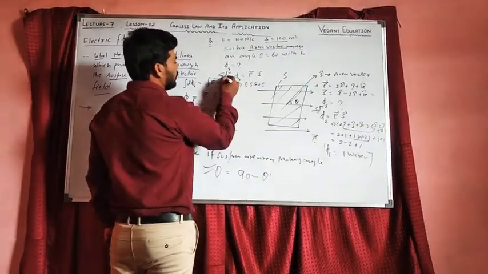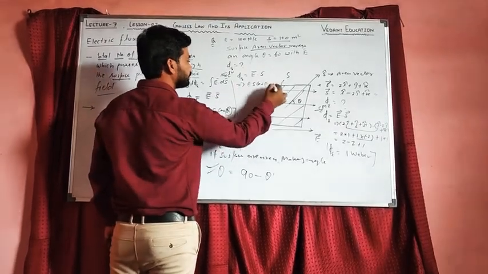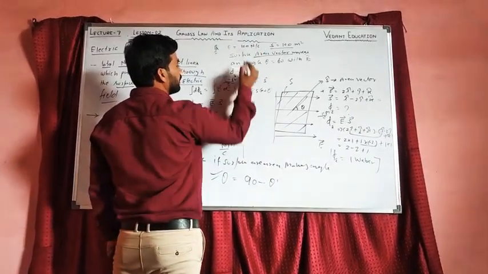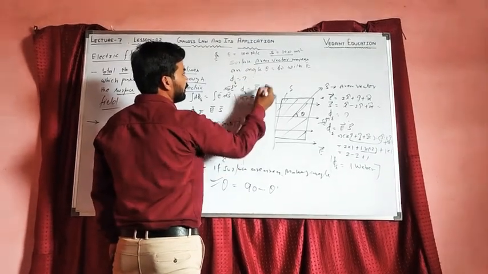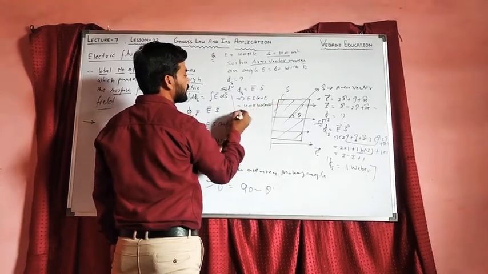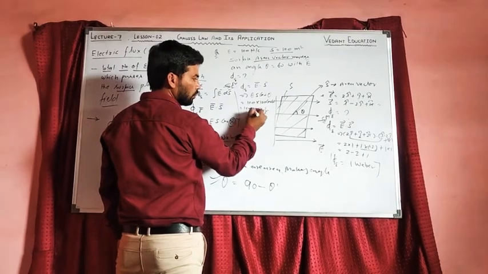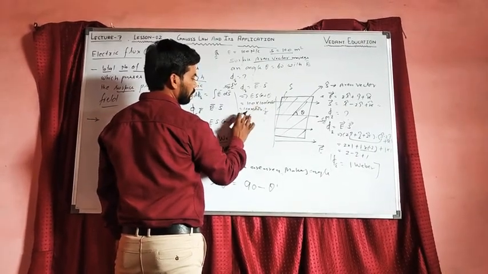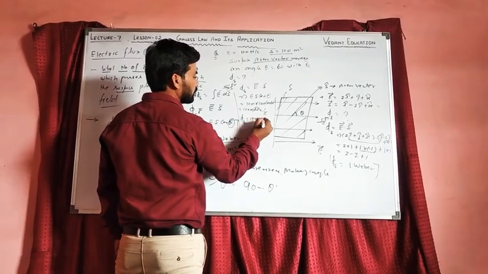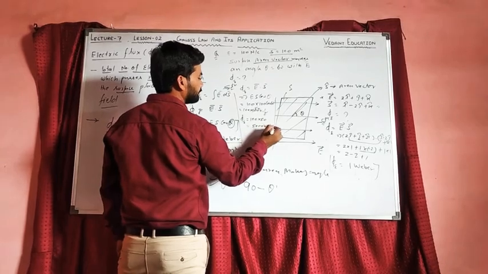So what is the value of E? 100. What is the value of S? Also 100. Cos 60, you know the value of cos 60? 1 by 2. So the flux linked with the surface area is 100 into 50, that is 5000 Weber.